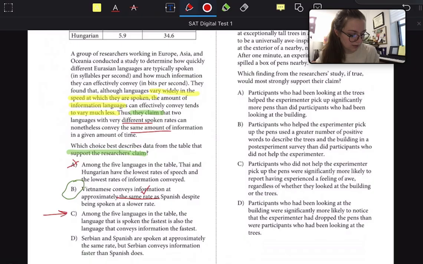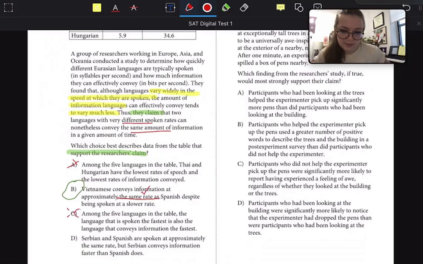So even if this ended up being correct, it would be counter to what the researchers are trying to prove, right? This is implying that the rate of speech is equal to the amount of information conveyed, which is completely the opposite of what they're trying to say. So this one we can rule out because it's not relevant. It actually doesn't support the claim.